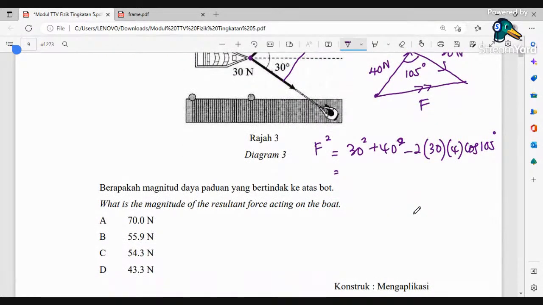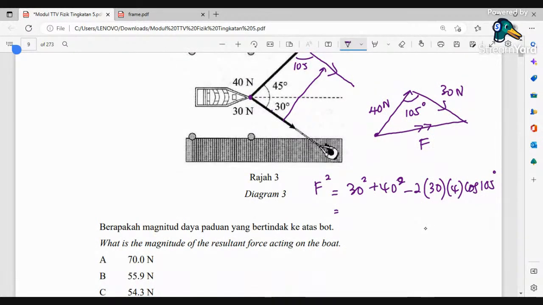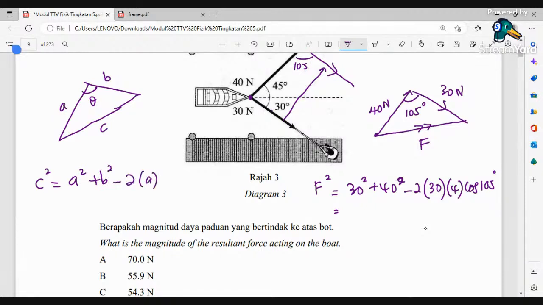The cosine formula is a mathematical formula with sides A, B, C, and this angle is theta. If you want to find C, C squared is A squared plus B squared minus 2AB cos theta. We just calculate for this one.